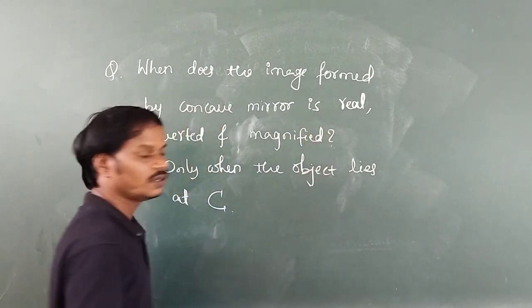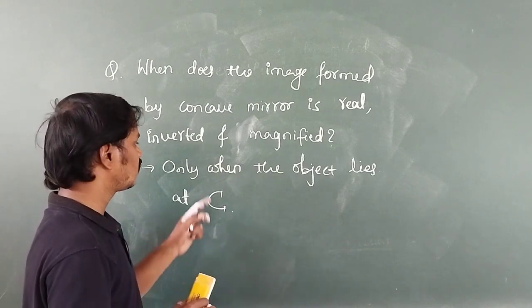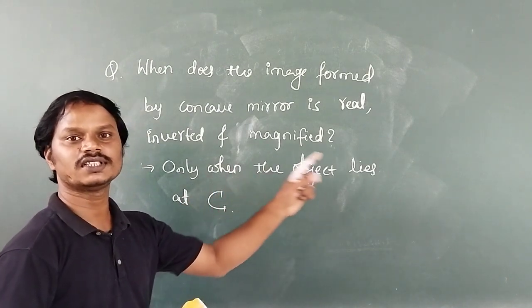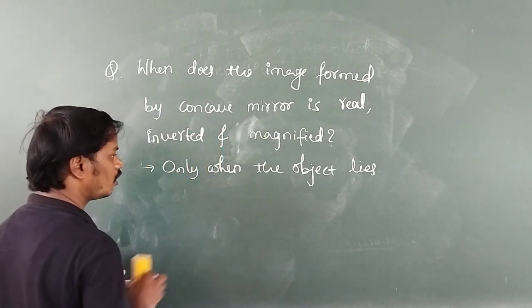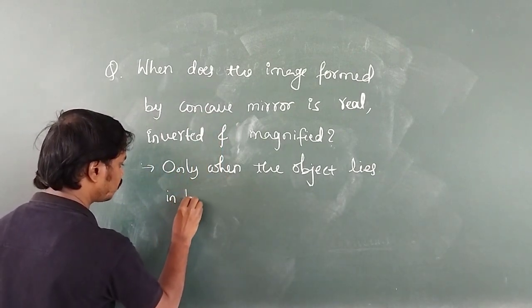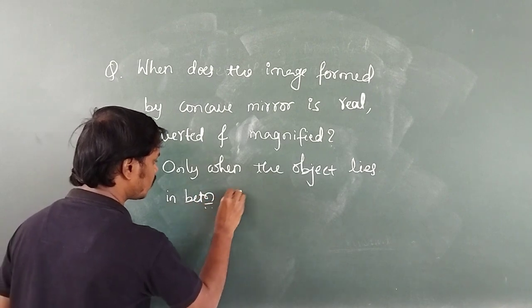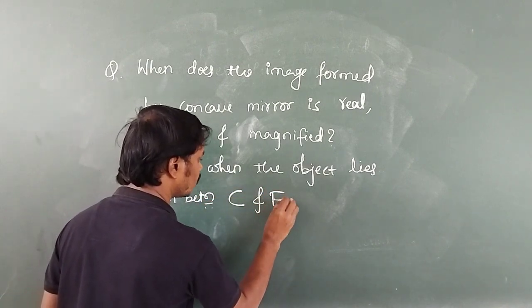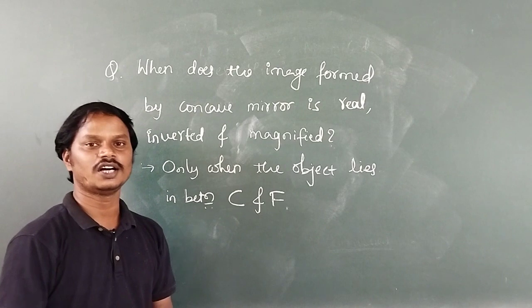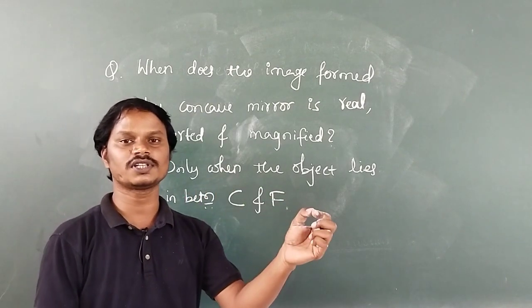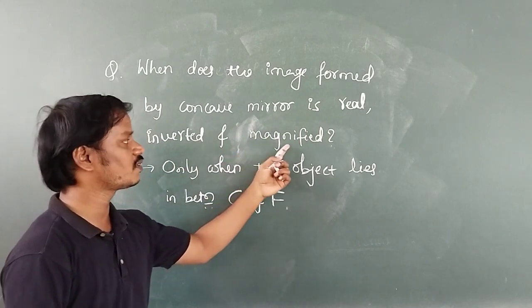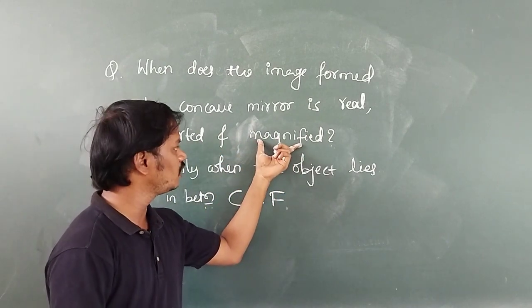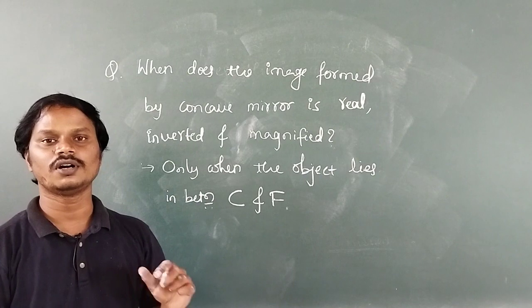What is the answer? Only when the object lies in between the center of curvature and focus. When the object is in between the center of curvature and focus, the image is real, inverted and also magnified, meaning the height of the image is greater than the height of the object.